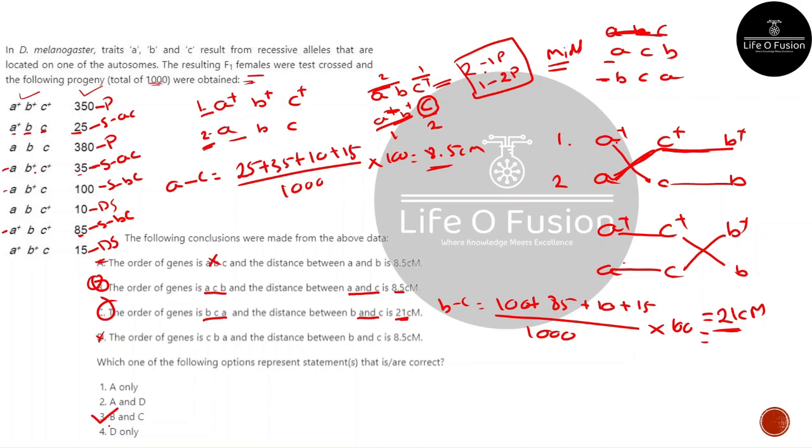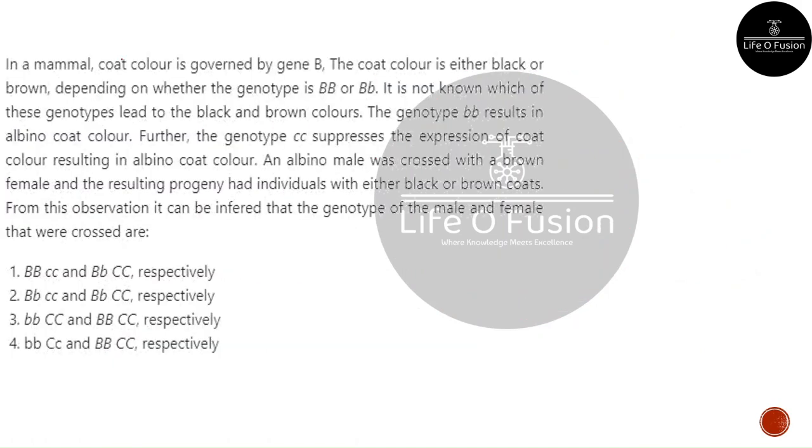Okay, so next question. In a mammal, coat color is governed by gene B. The coat color is either black or brown depending on whether the genotype is capital B capital B or capital B small b. It means that the homozygous dominant is black color and the heterozygotes are brown color.